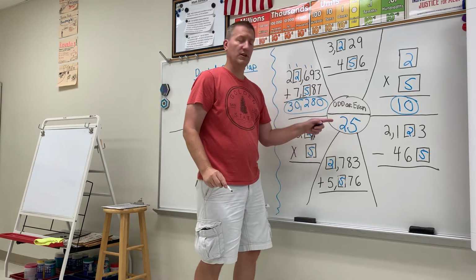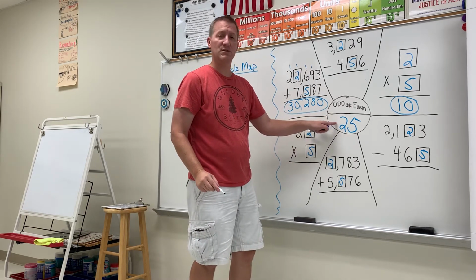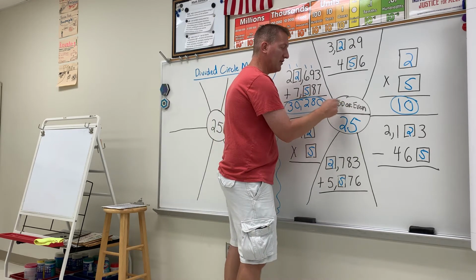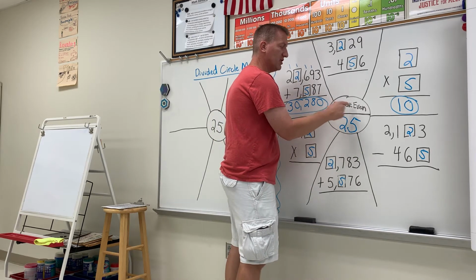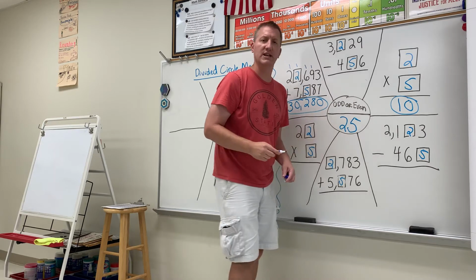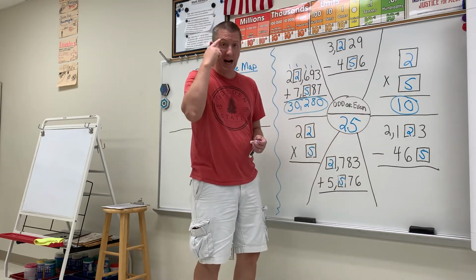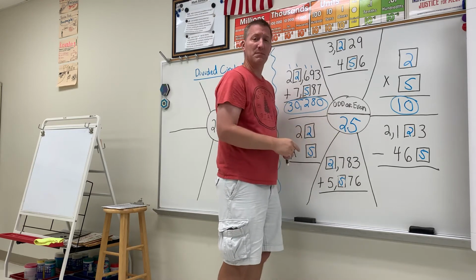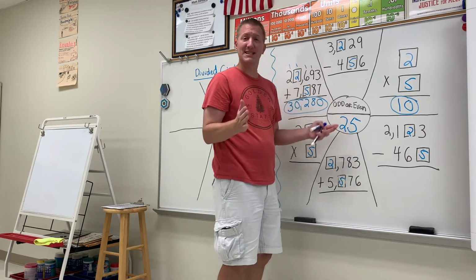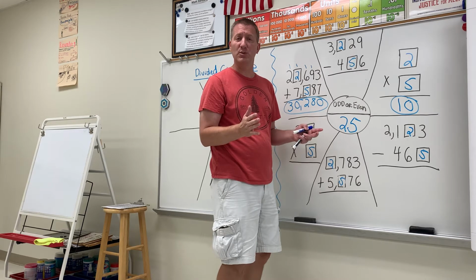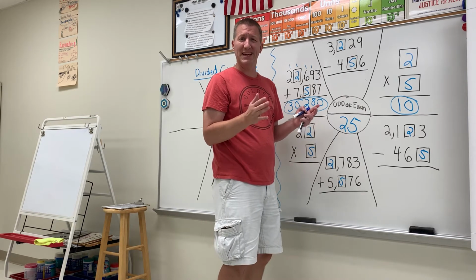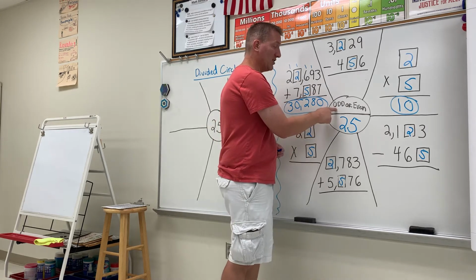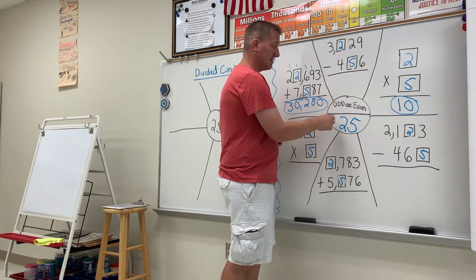In this middle, you're going to determine whether this number is odd or even. So I have odd or even written in there. You're just going to circle which one, odd or even. And you have to think of why it's odd or even. Anytime you can't separate them into 2 equal groups, then it's going to be odd.